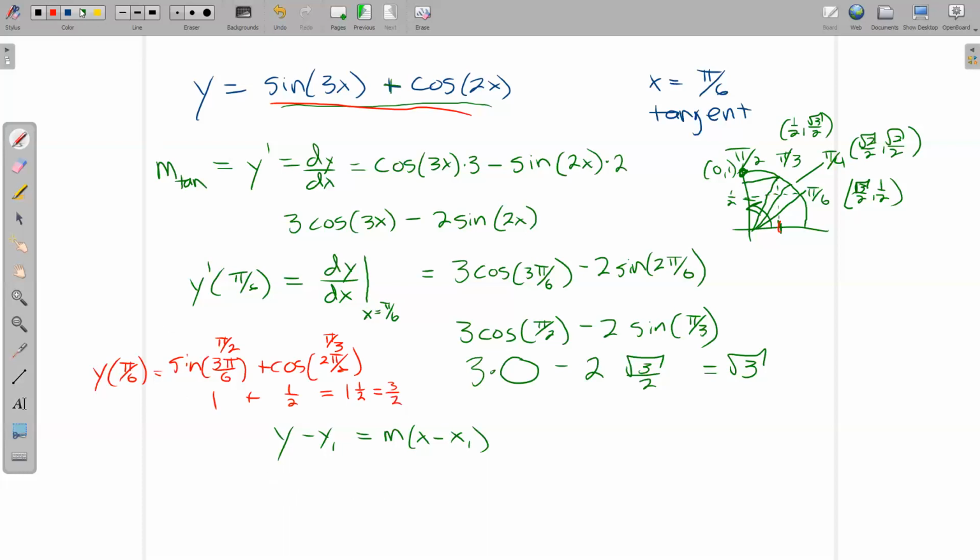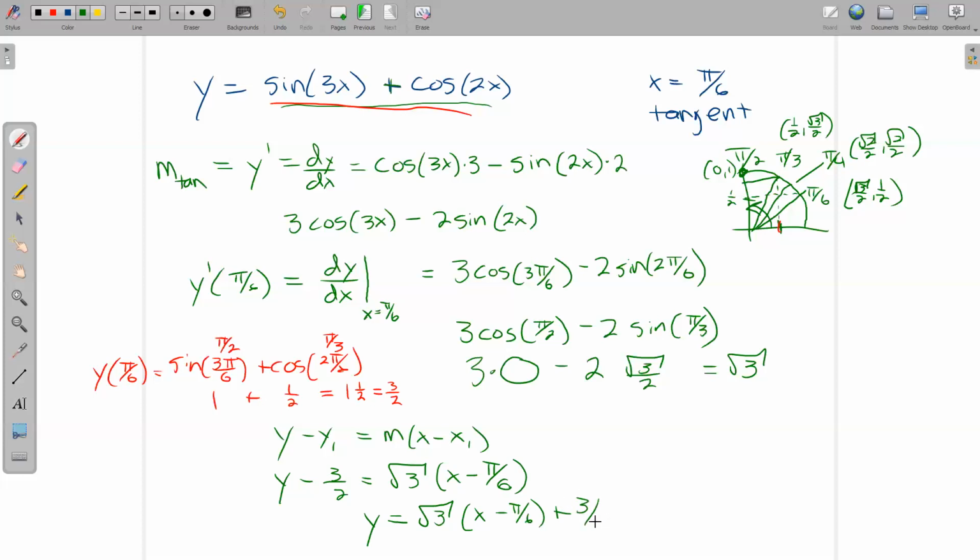All right, so my tangent line should be y minus 3/2 equals the square root of 3 times x minus pi over 6. And solving for y is as simple as adding the 3/2 to the other side. So I could say it's square root of 3 times (x minus pi over 6) plus 3/2.